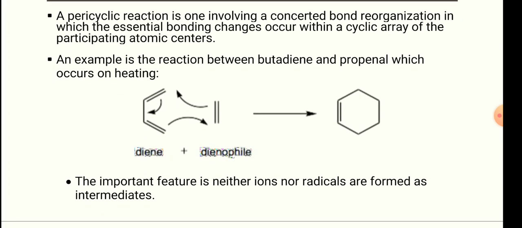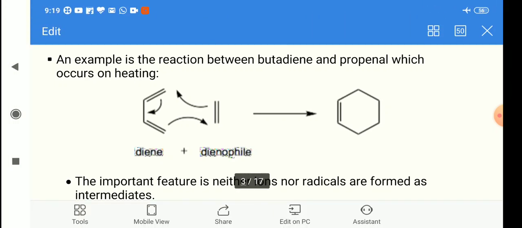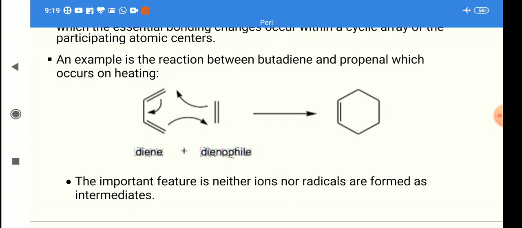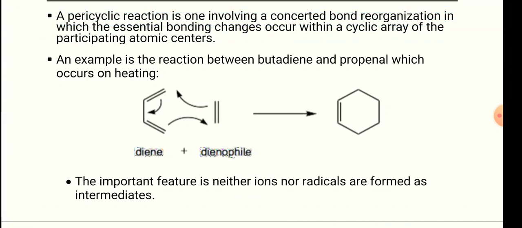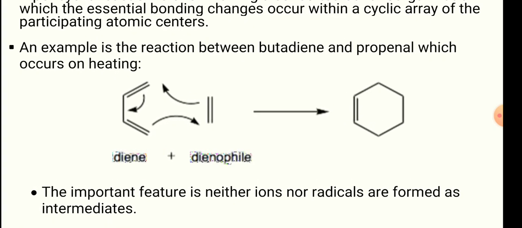So here is the mechanism. First the dienophile attacks the diene, then the double bond breaks, and there will be another new bond in the middle of the diene, then the second double bond will be broken, and there will be a formation of two new sigma bonds and breaking of three pi bonds, but one new pi bond is formed.